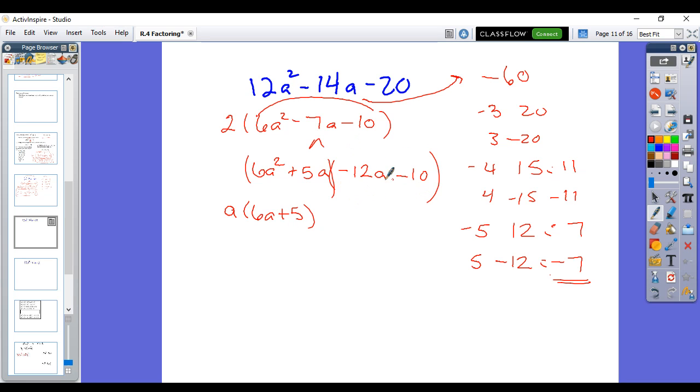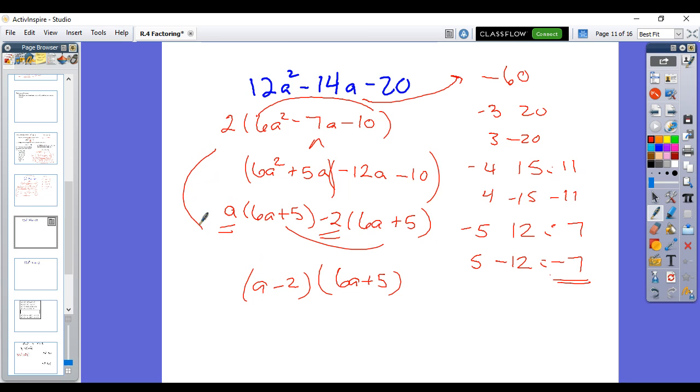Negative 2, leaving me positive 6a plus 5. So then these two make 1 factor. They're the same, 6a plus 5. What's on the outside makes the other one, a minus 2. And then from the very beginning, we had this 2. So our final answer right here.